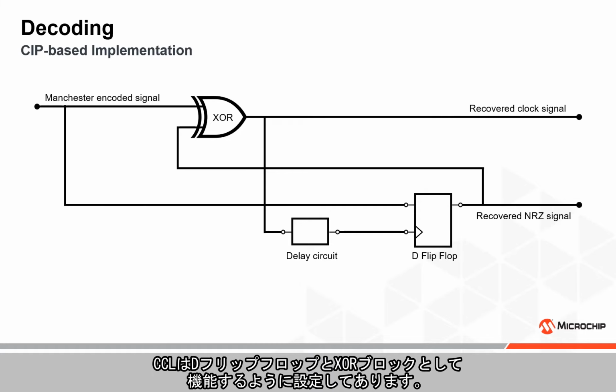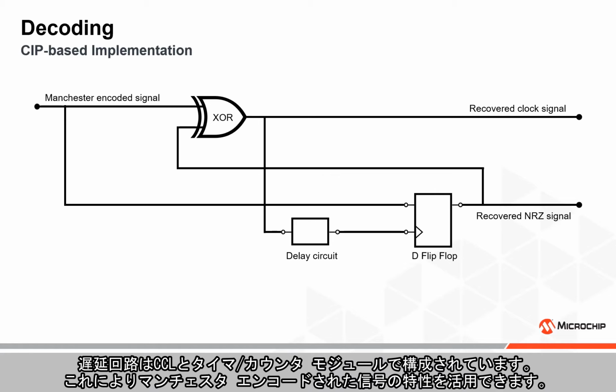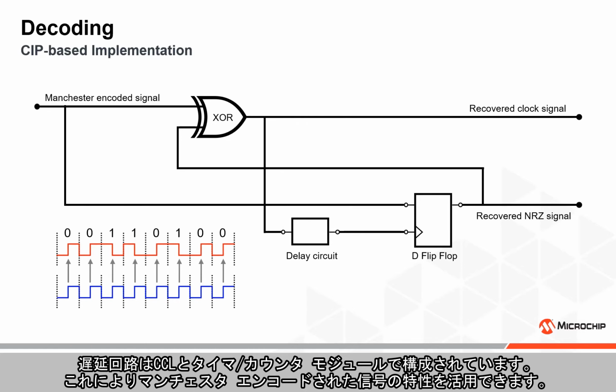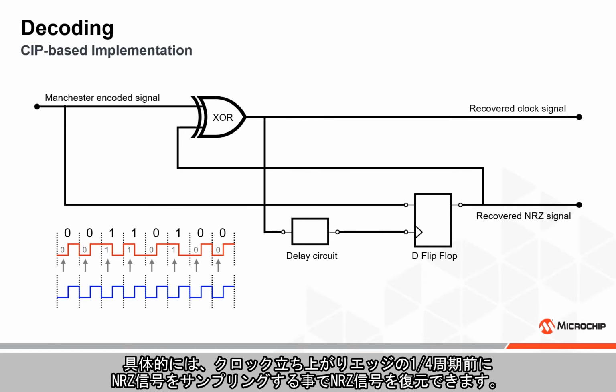The CCL is here configured to function as the D flip-flop and the exclusive OR block. The delay circuit is constructed using a combination of CCL and timer counter peripherals and allows us to utilize a powerful property of the Manchester encoded signal, namely that the NRZ signal can be recovered by sampling a quarter period before the clock's rising edge.